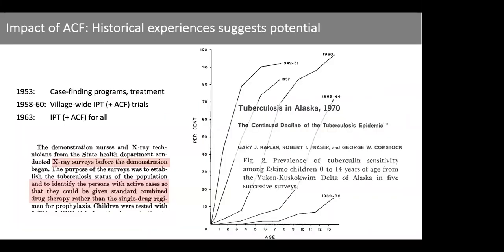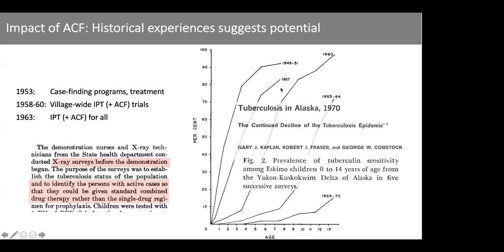We do have historical data that it's possible for some combination of treatment and prevention to make a dramatic impact on the incidence of TB infection among children, particularly from Alaska in the 1950s and 1960s, when there was an initial focus on improving case finding and treatment, and then village-wide controlled trials, and then a demonstration program providing preventive therapy for all, notably doing X-ray screening of everyone before they got preventive therapy, and thereby diagnosing and treating all of the asymptomatic active TB cases in the population.